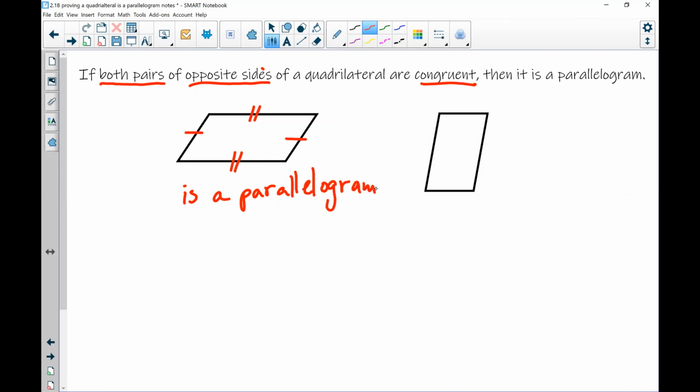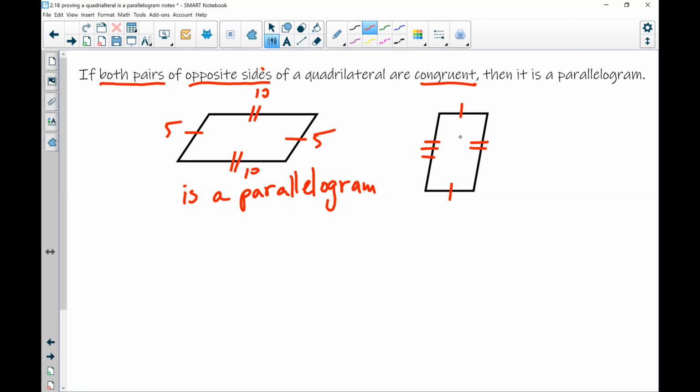They could also put numbers for you. Say this one's 10 and the bottom one would also be 10. This is 5 and this is 5. An example of where that would not be true is if we only have the top and the bottom marked congruent, and then maybe one side is marked 3 and the other one is 2.